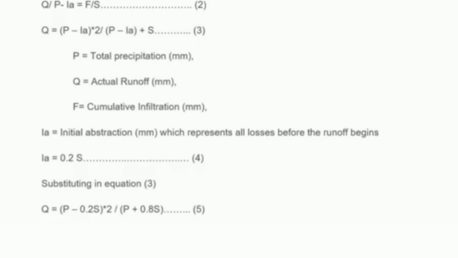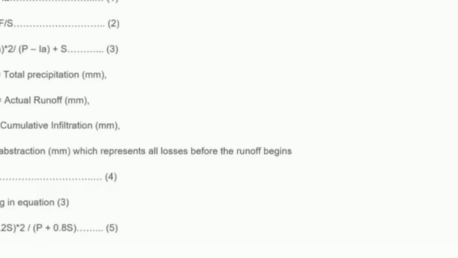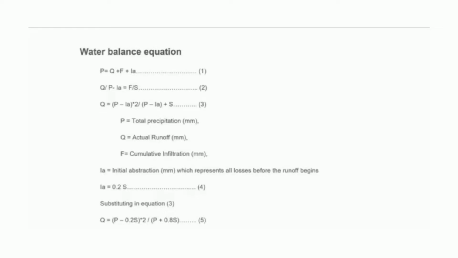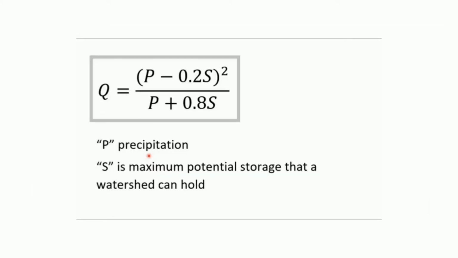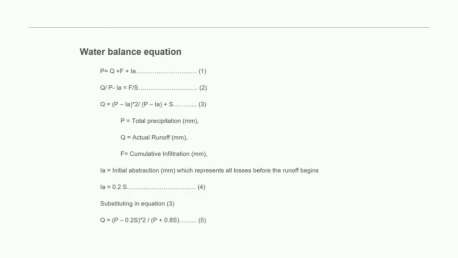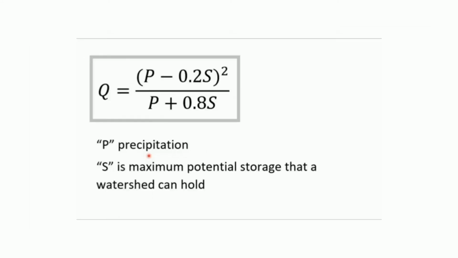Then substitute into the equation. Q is the actual runoff, and the formula for actual runoff is Q equals P minus 0.2 S squared over P plus 0.8 S, where P is precipitation and S is the maximum potential storage that a watershed can hold.